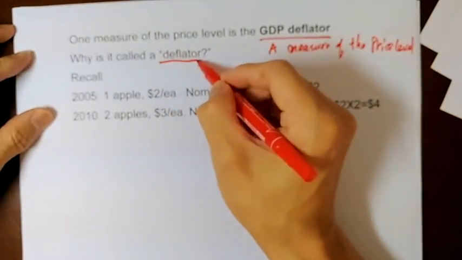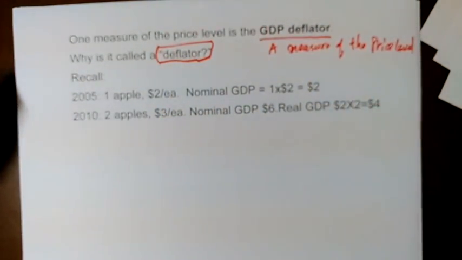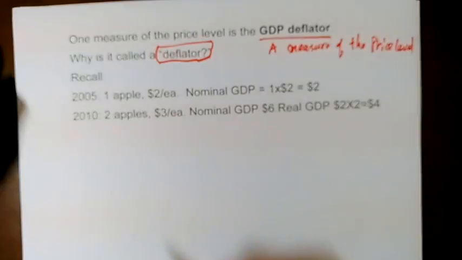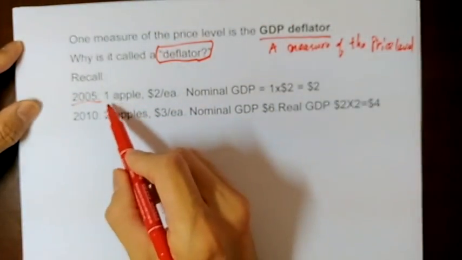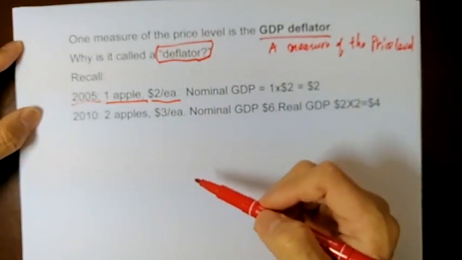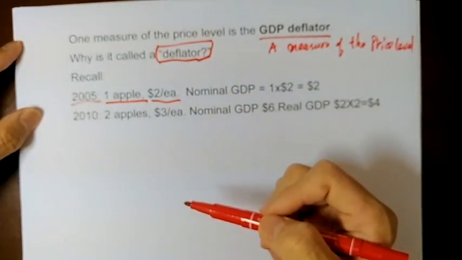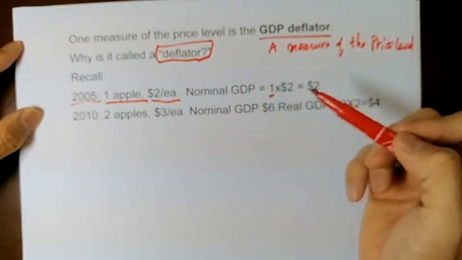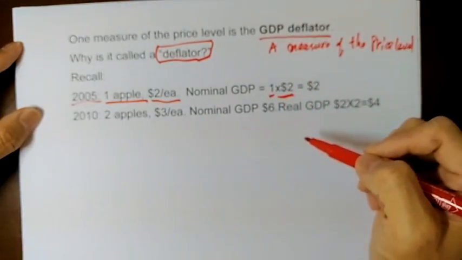Now, why is it called a deflator? Let me use the example that we talked about before. Say, for example, in 2005, this economy produces 1 apple, and the price of an apple is $2 each. The nominal GDP, the nominal production of this economy, is 1 apple multiplied by $2 each.